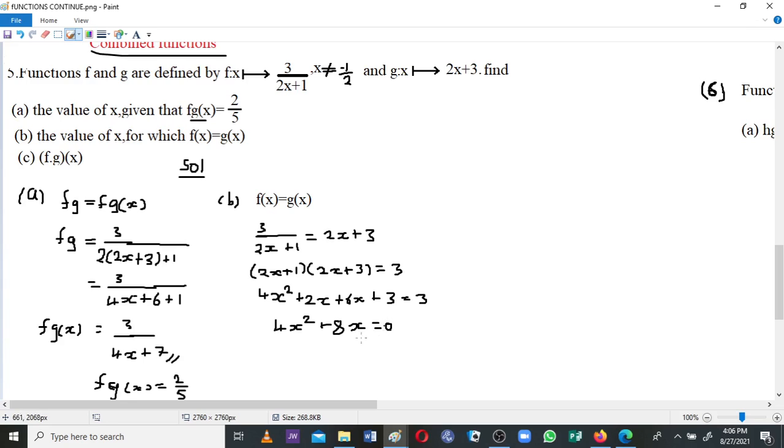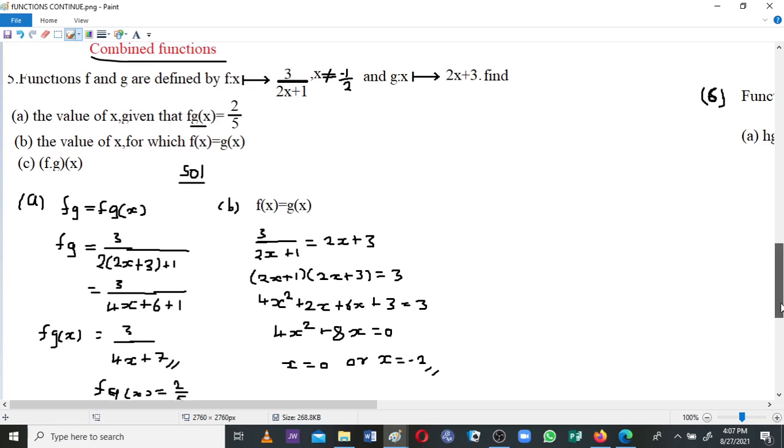Now if you solve this, you're going to use the factorization method here. When you factorize 4x outside, inside the brackets you are going to have x plus 2. So solving for x, you are going to get x is equal to 0 or x is equal to -2.